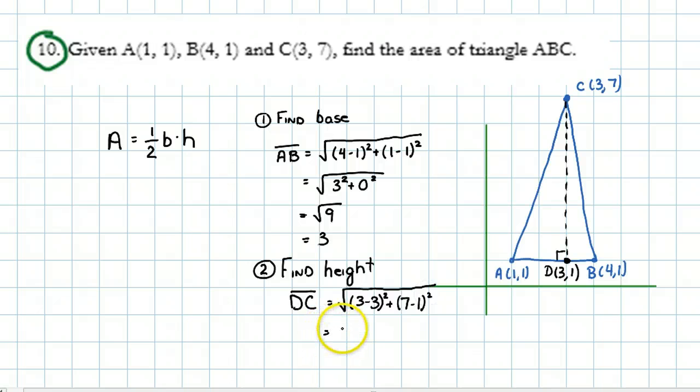And I could work this through and I should be able to get 6. So therefore, the area of triangle ABC is 1/2 the base, which is 3, times 6, which is equal to 9, if I've done my math right. So 9, and let's put units squared.